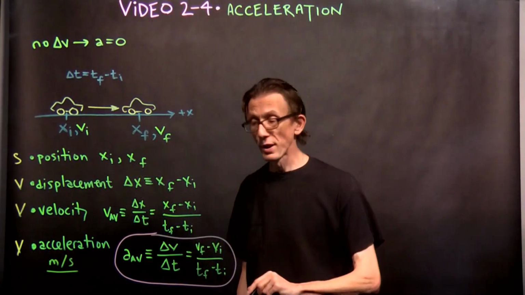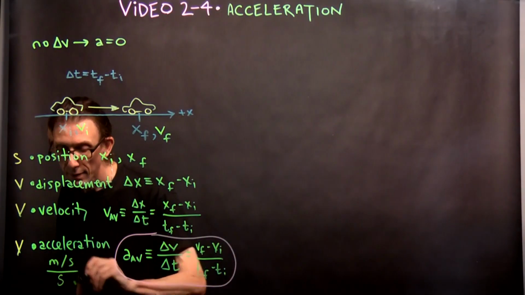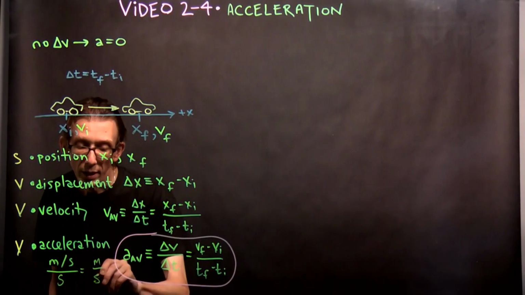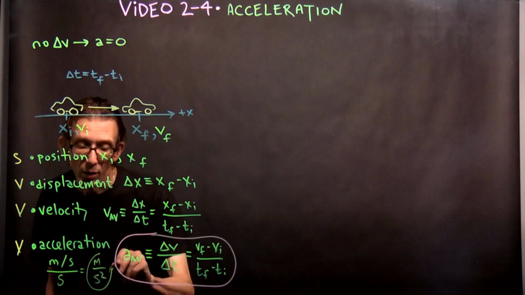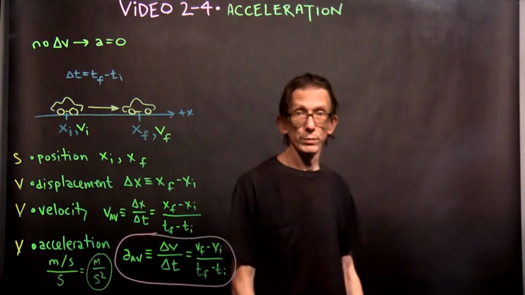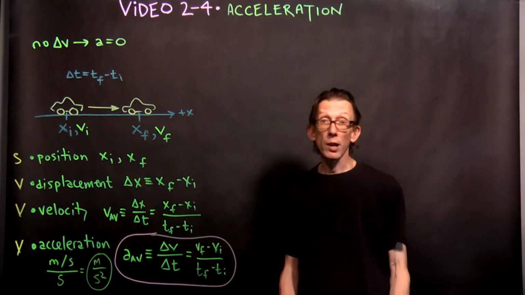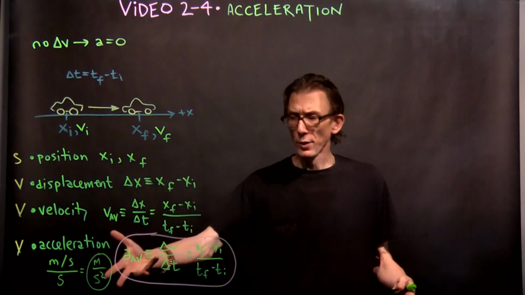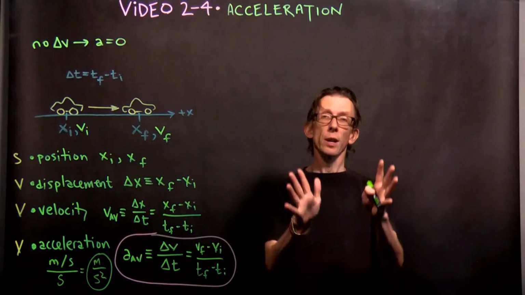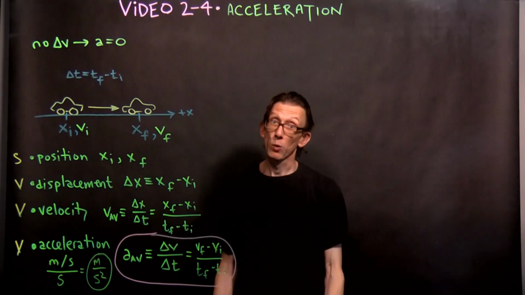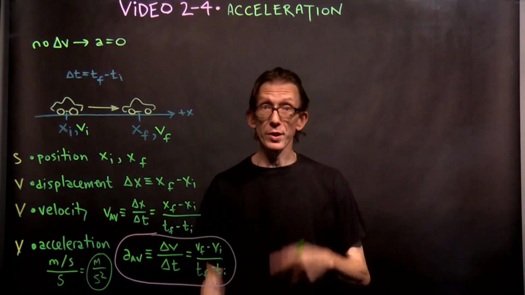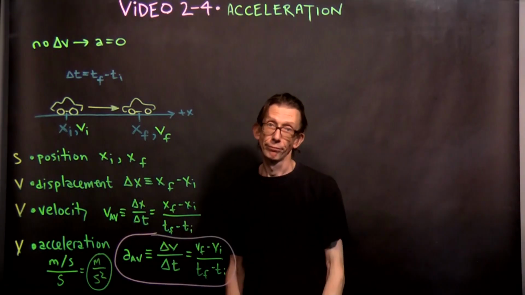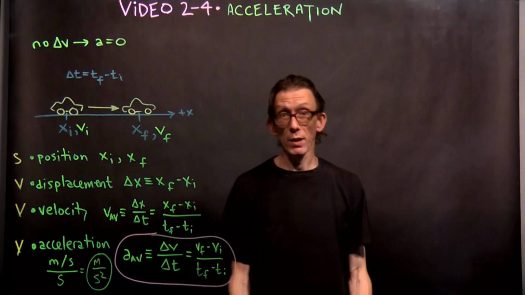But then there's time in the denominator, meters per second, known also as meters per second squared. Those are our units, meters per second squared. And as we talk about acceleration, I'll unpack those units and help you get an intuitive sense of what meters per second squared means. Because every unit carries a meaning. That's one thing you'll learn here in Physics 102. All units are not just symbols that you stick on the end of a number. They have physical meaning. And we'll say more about the physical meaning of acceleration in just a moment.